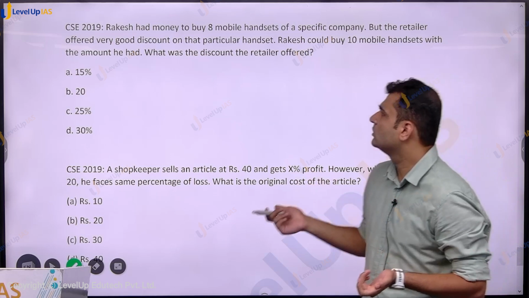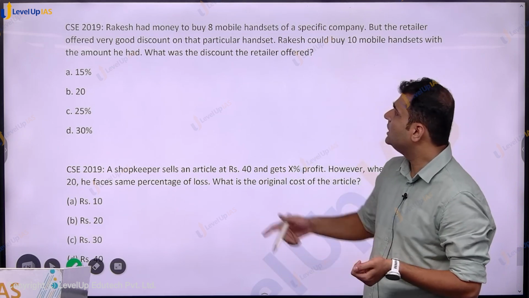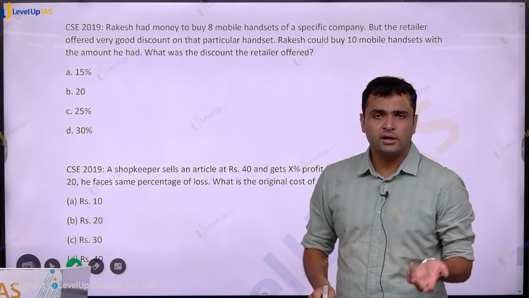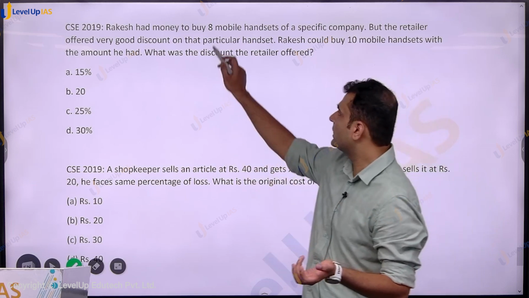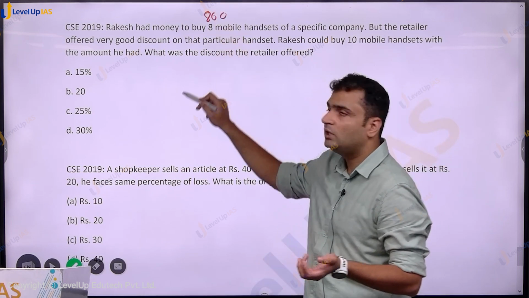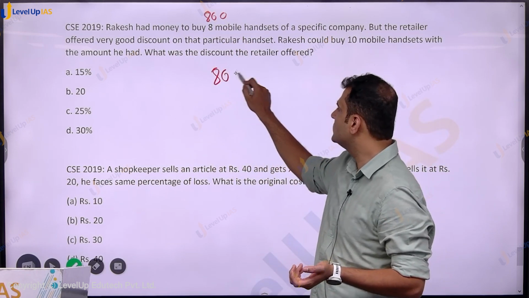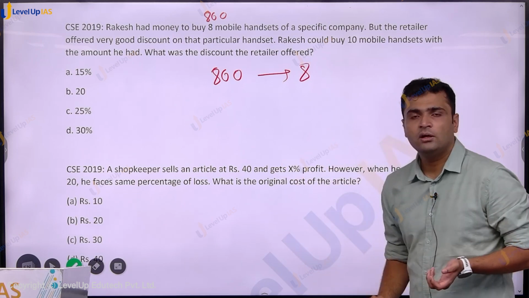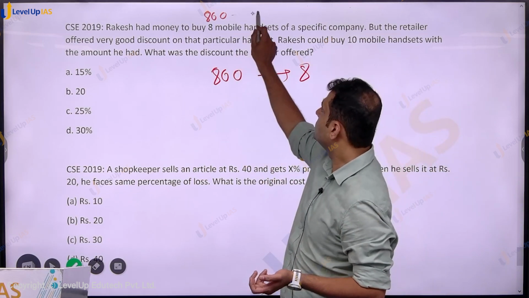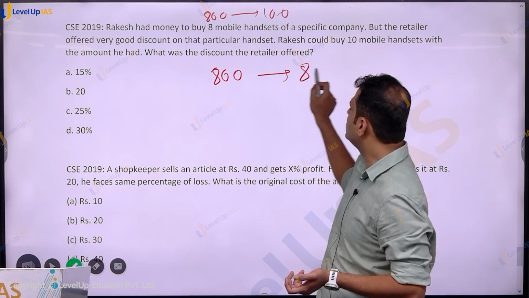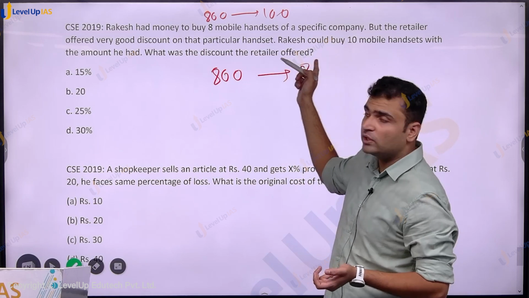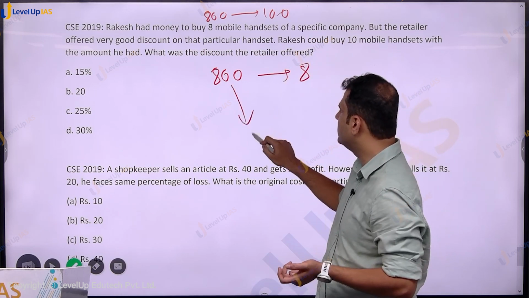Fine. So let us assume that each mobile was worth 100 rupees. MRP was 100. So Rakesh had 800 rupees. He went to buy 8 mobile sets. Each was 100. But actually, due to the discount, in 800 rupees, he got 10 mobile sets.